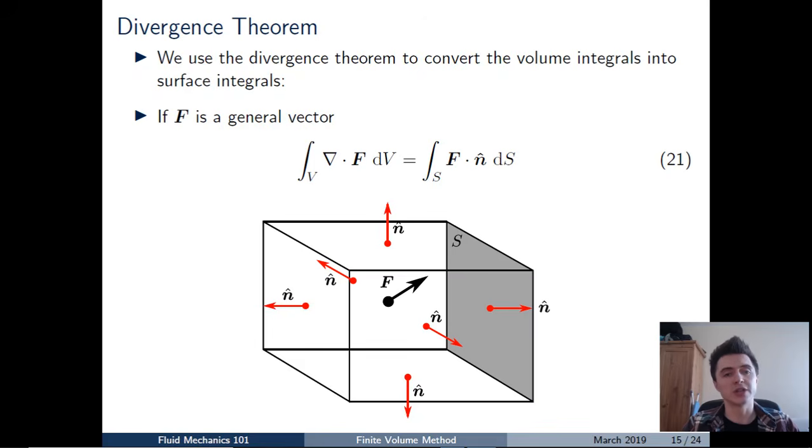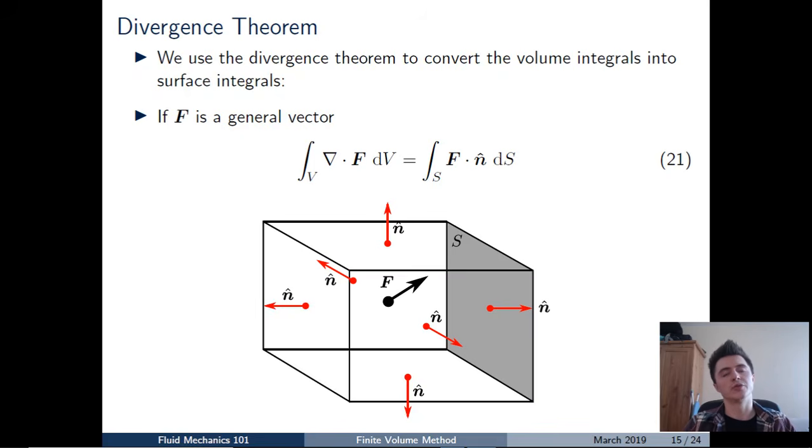And the way we integrate the convection and diffusion terms is we use the divergence theorem. And what the divergence theorem says, if you can remember back, is that the integral of the divergence of any general vector field f over a volume can be expressed equivalently as a surface integral.